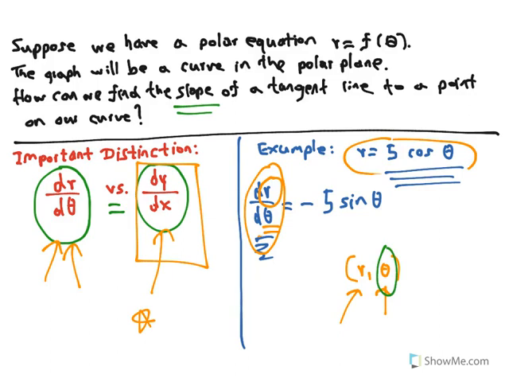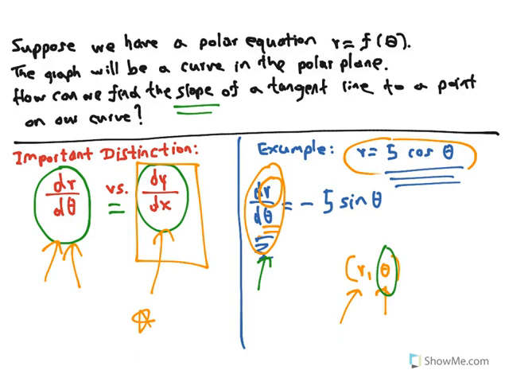So the kind of information you can get from dr d theta is whether a point on the polar curve is moving towards the pole or away from the pole at a particular point on the curve, as the curve is being traced as theta values are increasing.